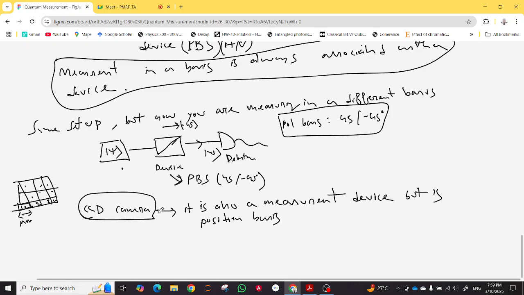There is not that much difference, I will say. A CCD camera is a detector actually. You can say a detector is another kind of measurement device also, so both are the same kind of thing.